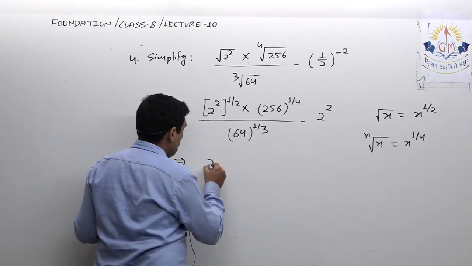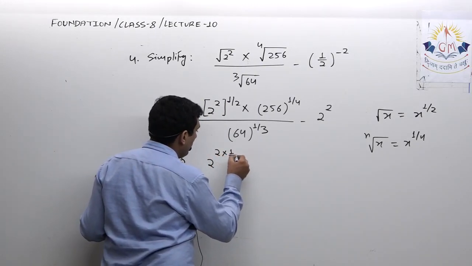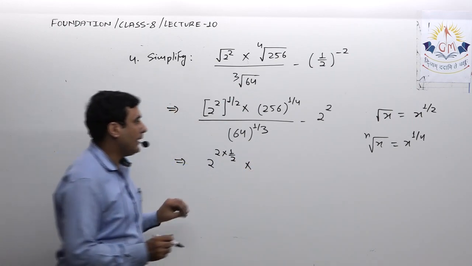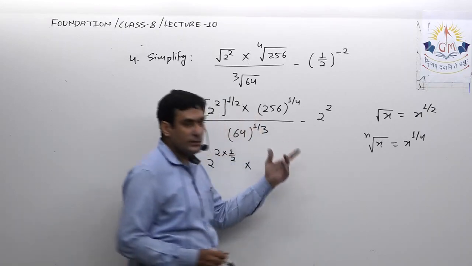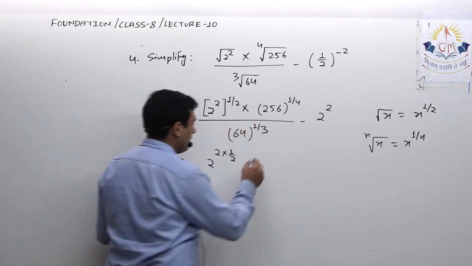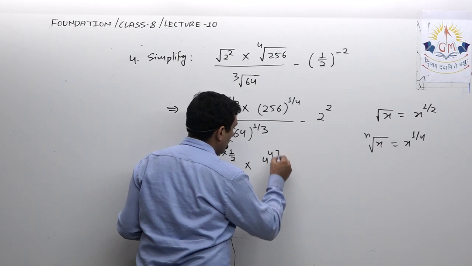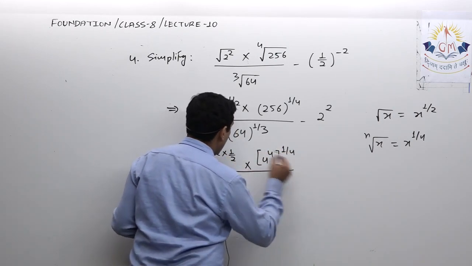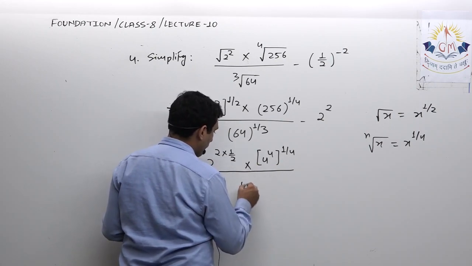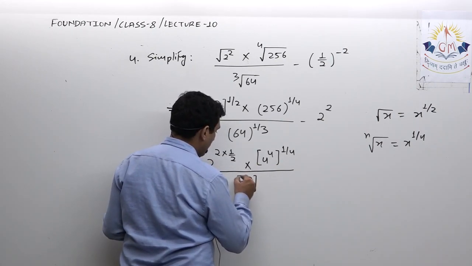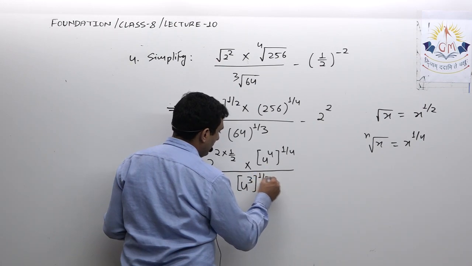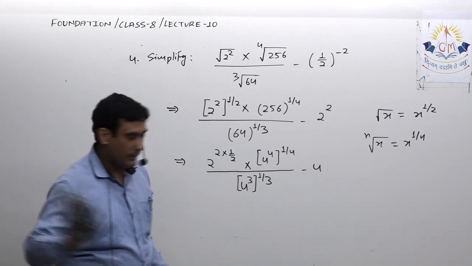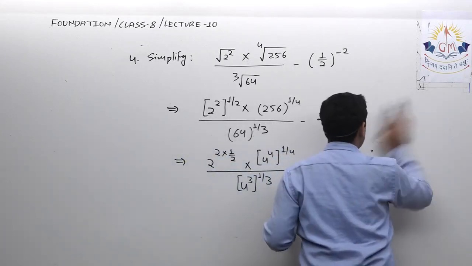Now here it is 2 raised to 2 into 1 by 2, multiplied by, now 256 is actually 4 raised to 4. Just in the previous sum we saw 256 is 4 raised to 4. Then raised to 1 by 4, divided by 64, that is 4 cube raised to 1 by 3, minus 4. Okay, now we'll simplify it further.